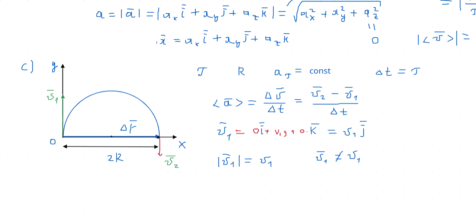Integer and array of integers are different, and a similar situation with scalar and vector. So a vector cannot be equal to a scalar. Okay, this is correct for v1. And what about v2?